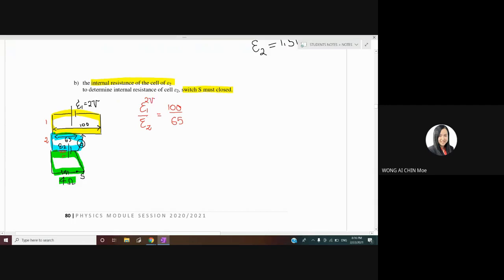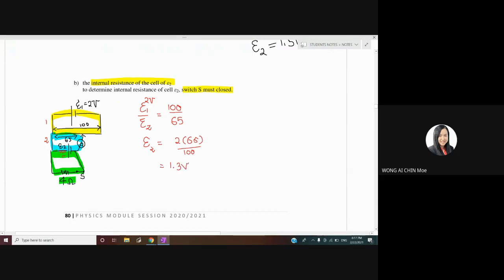So epsilon 2 of the cell, now you can only measure 2 times 65 over 100. So you get 1.3 volt only.